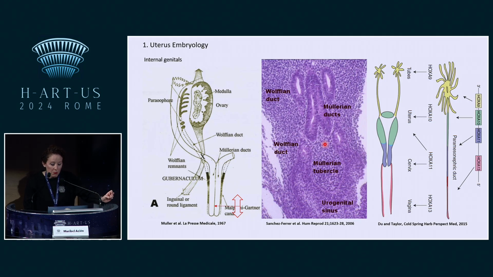And it is important to note that these different areas, these three different portions of the Müller ducts, have also been related to different gene expressions of the Hoxa family.